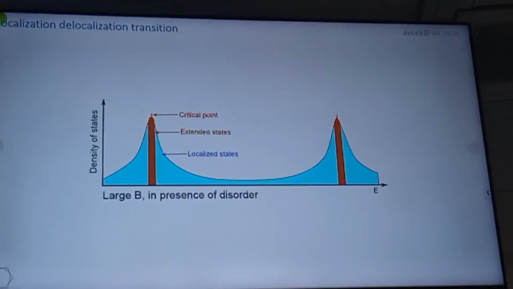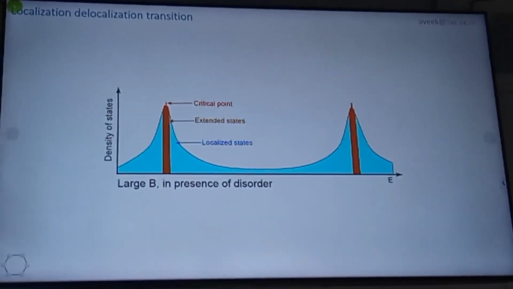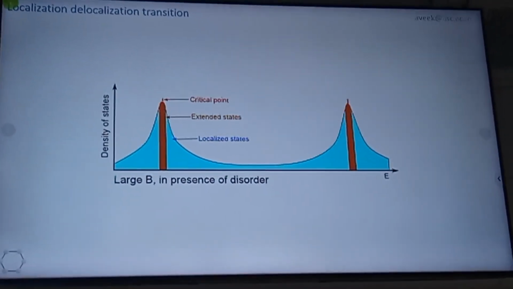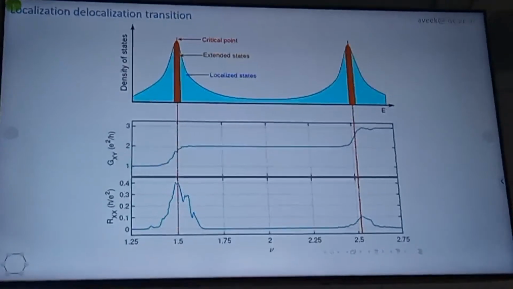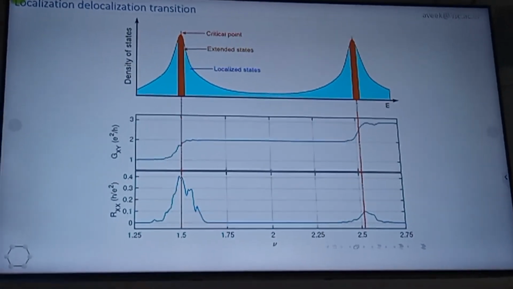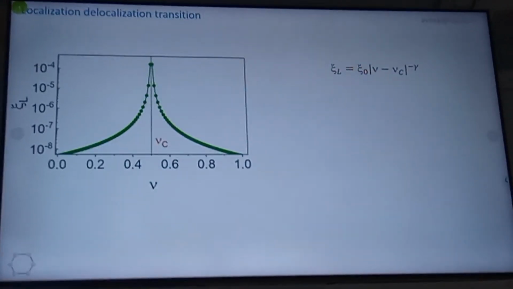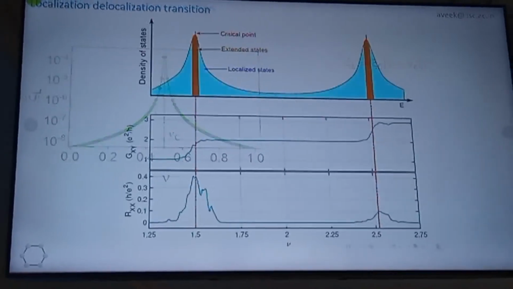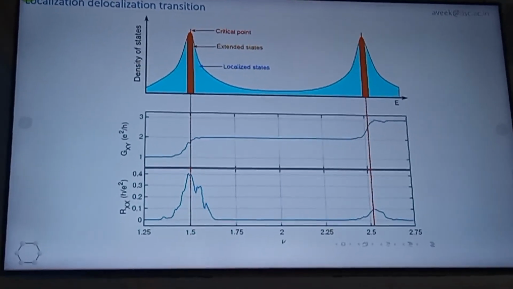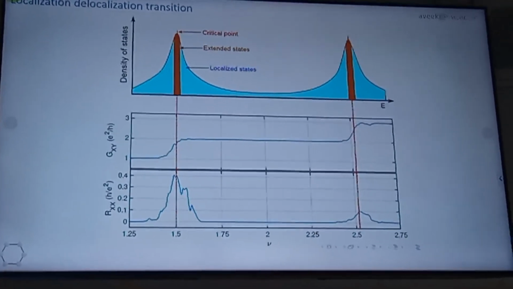Now this is the most simplified picture of the Landau level which you can have. It's in some sense a very oversimplified picture, but for our purpose here, this suffices. So when my chemical potential is at the critical point, my Rxx is maximum and my Gxy is not quantized. When my chemical potential is at one of these localized states, my Gxy is quantized and my Gxx is zero.